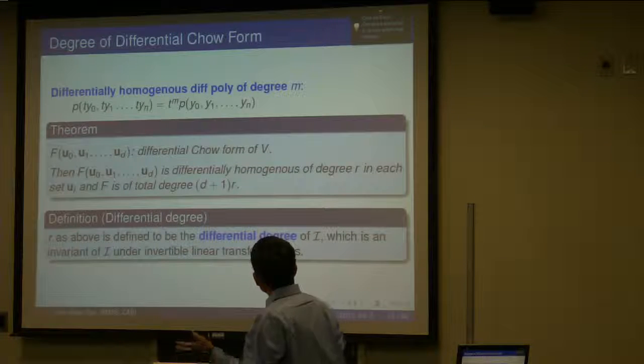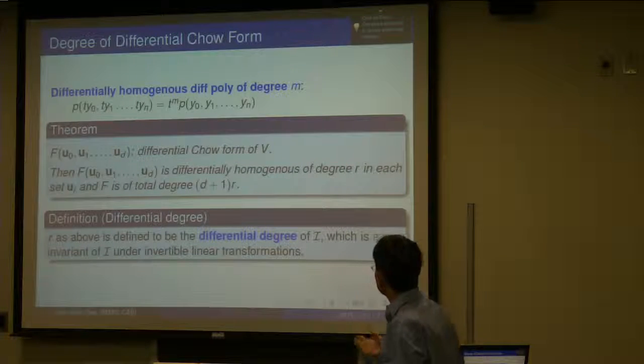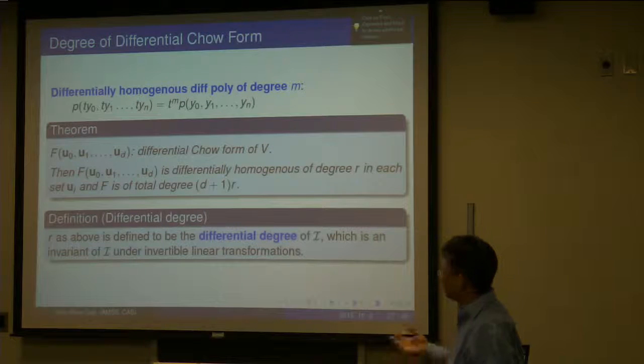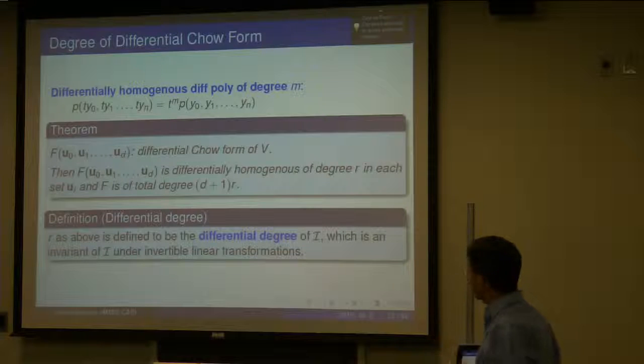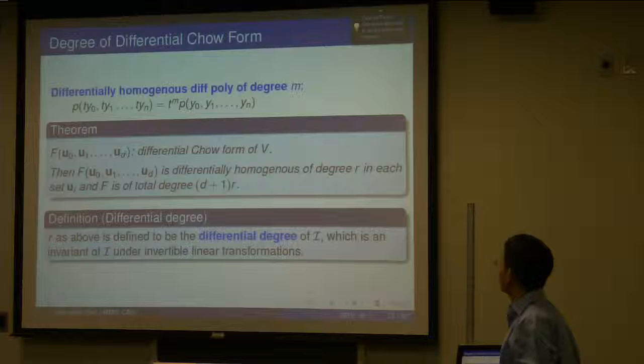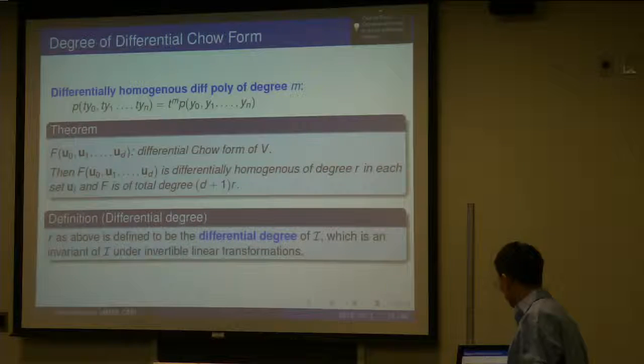We call this the differential degree of I. This is a kind of invariant. Of course, degree is not birational, but in very special cases it is an invariant of the variety of the prime differential ideal.